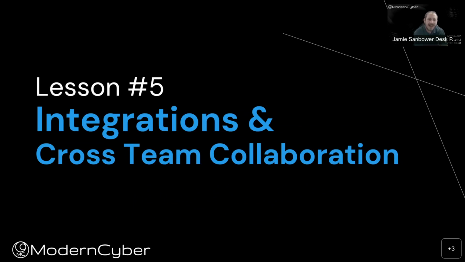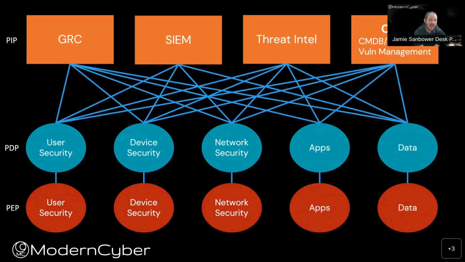And for our last best practice and lesson learned, integrations and cross-team collaboration are a must for zero trust success. I go back to my diagram that I drew out to show operationalizing the NIST 800-207.